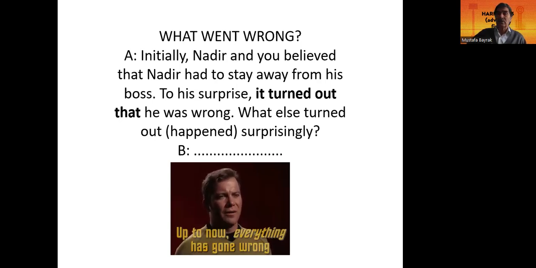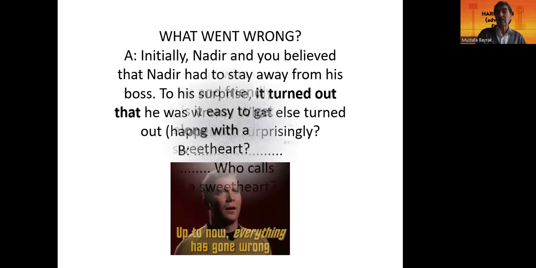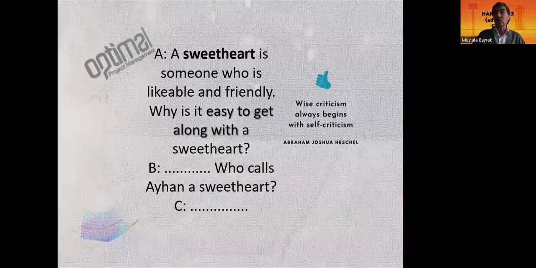It turned out that my neighbor would buy a new house. Everybody thought that my neighbor couldn't buy a house, but it turned out that he could buy a house.